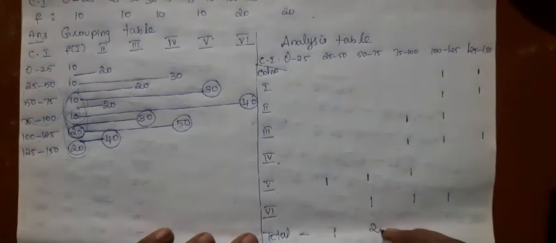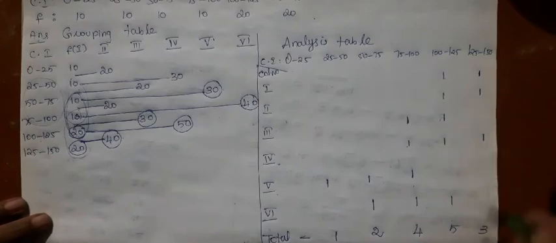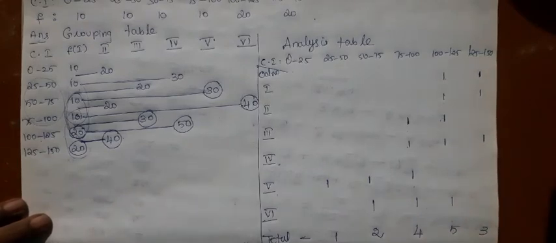Now you calculate the total of the tally marks. There is nothing in the first column, 1 in the second column, 2 tally marks in the third column. Here it is 4, here it is 5, and here it is 3.